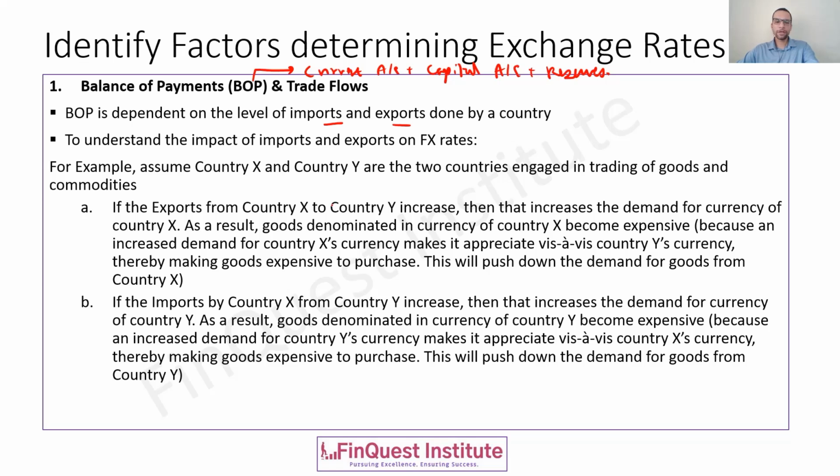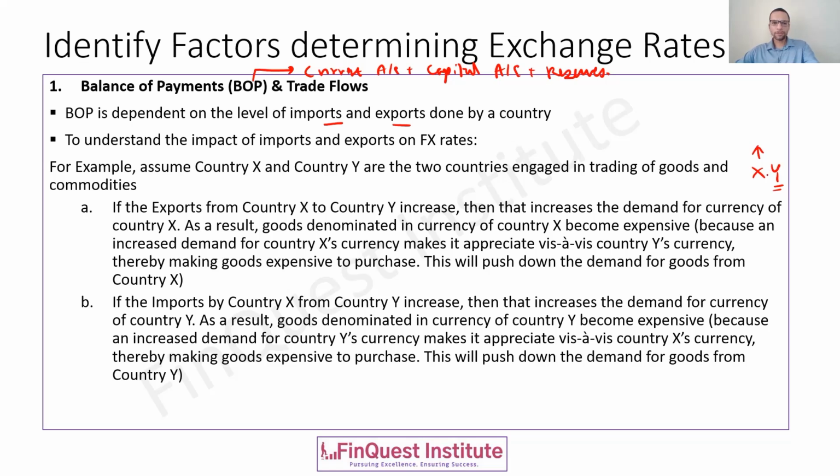Let's say the currencies are X and Y. If the demand for X rises, then naturally it is going to become more expensive relative to Y, because people in country Y, where Y is their currency, will have to procure X in order to purchase the products coming in from X.